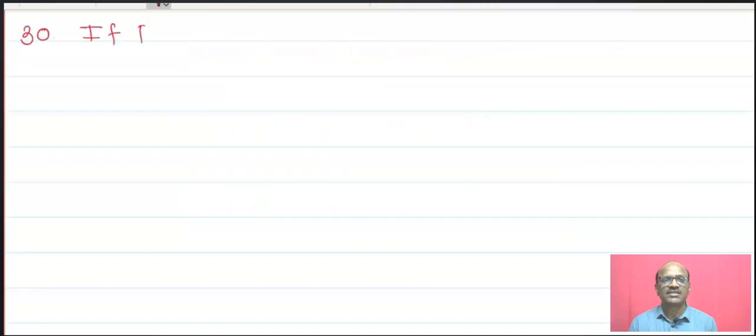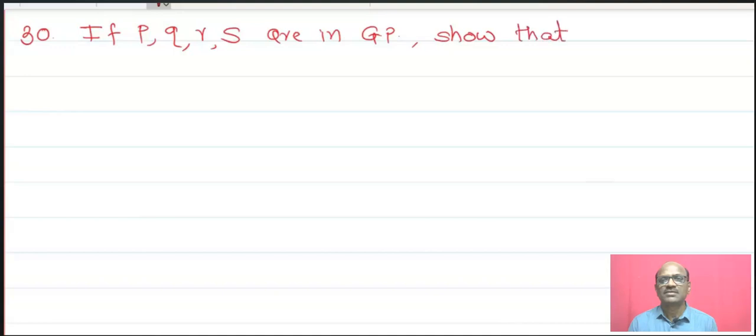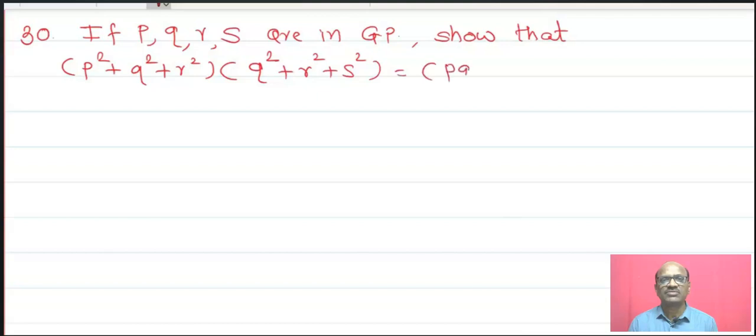Next, question number 13. If P, Q, R, S are in GP, show that P square plus Q square plus R square into Q square plus R square plus S square is equal to PQ plus QR plus RS bracket square.